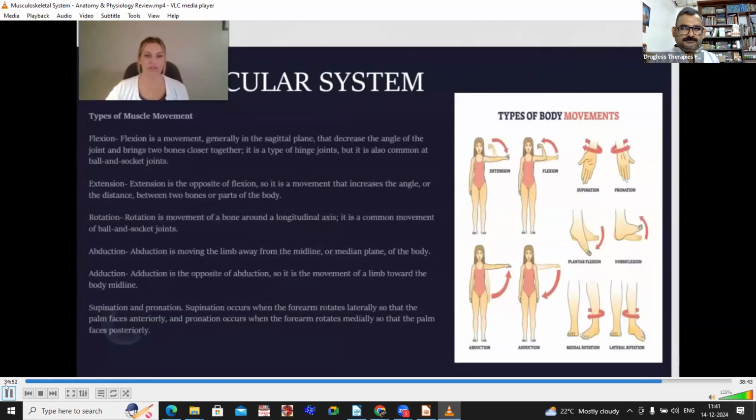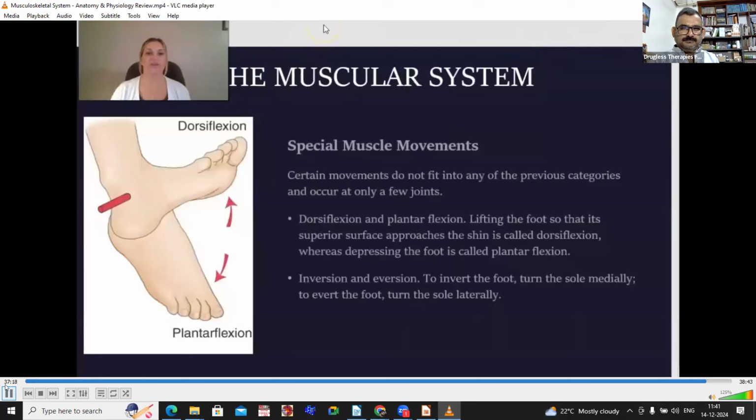There are also several types. We have special movements, certain movements that did not get into any of the previous slides. When you are doing the patient examination, during that time, these movements are required.